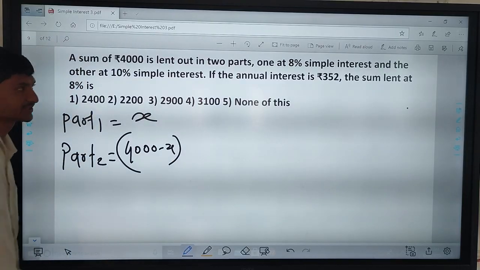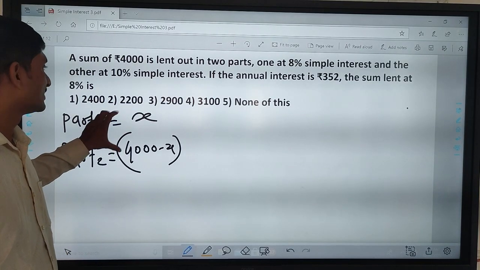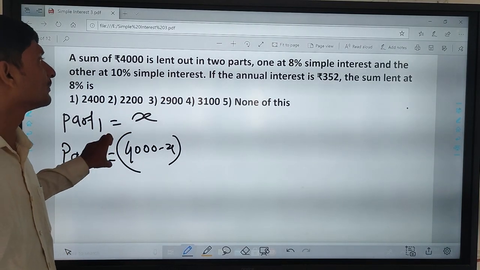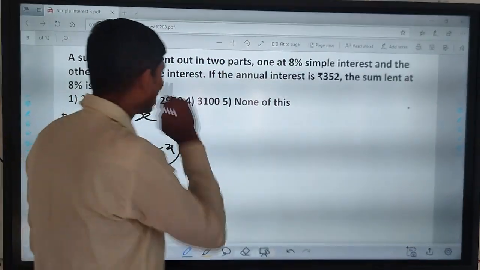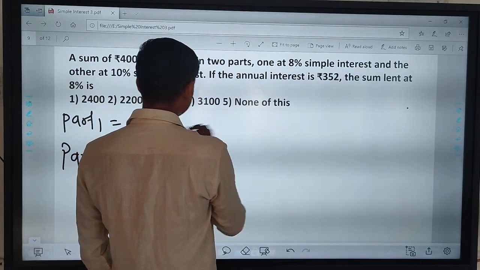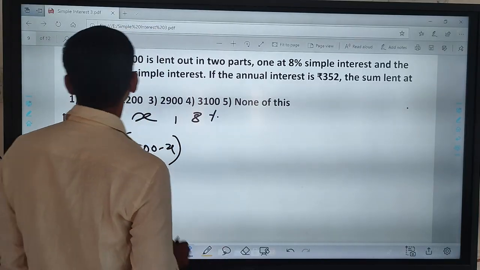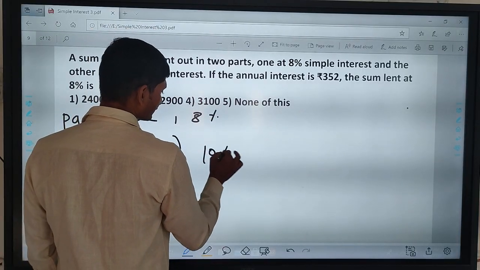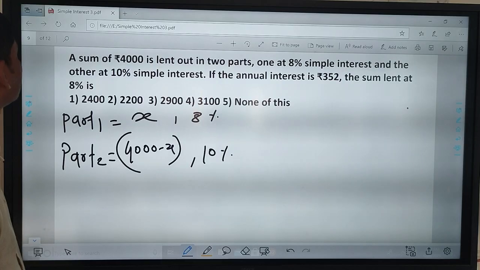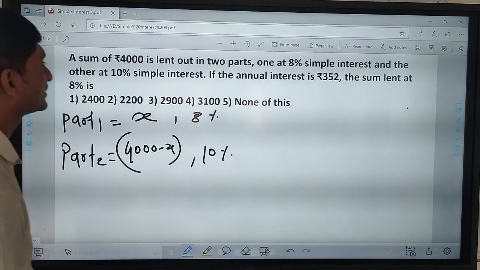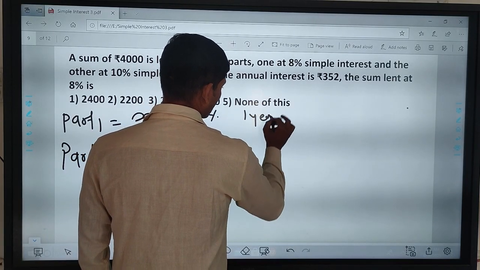The simple interest on these two sums is 352. One interest rate is 8% and the other is 10%. The annual interest means the time duration is 1 year, the same for both.